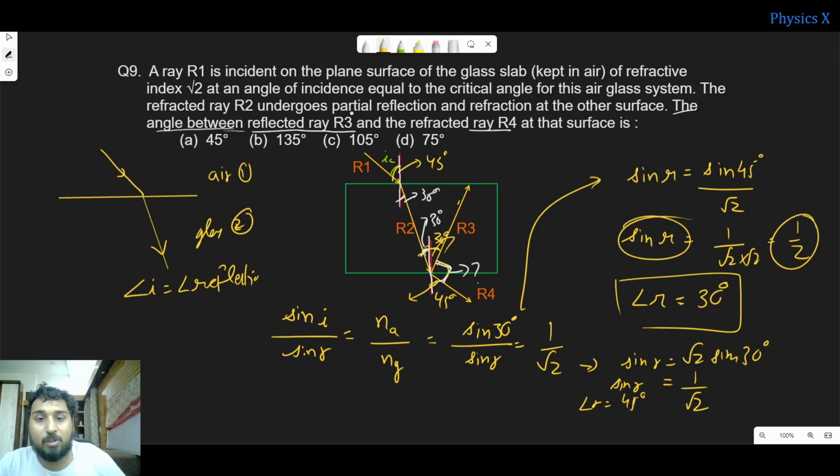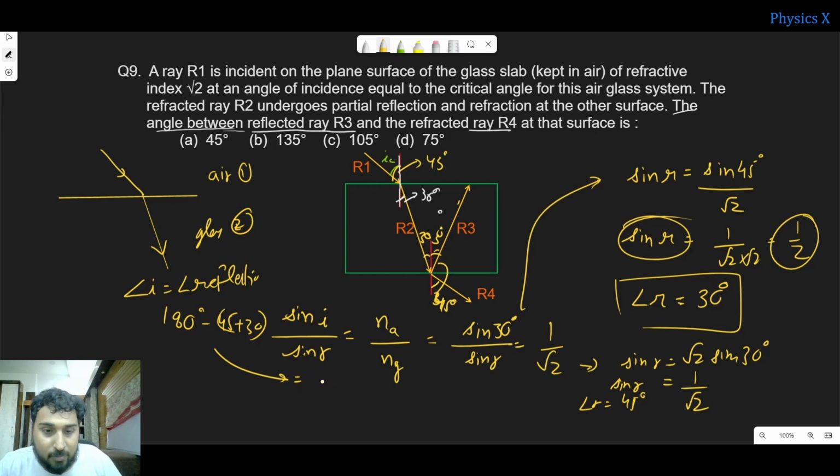So this total angle is what? We have calculated this as 30 degree, this 30 degree, and this also we calculated 45 degree just now. So this angle is what? 180 degree minus 45 plus 30, right? So what is this?